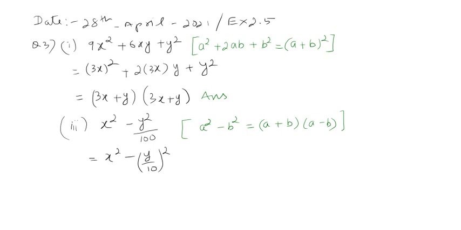So the answer is a plus b and a minus b. So the factorization is complete. This is the answer, right? So all of you understood how it is done.